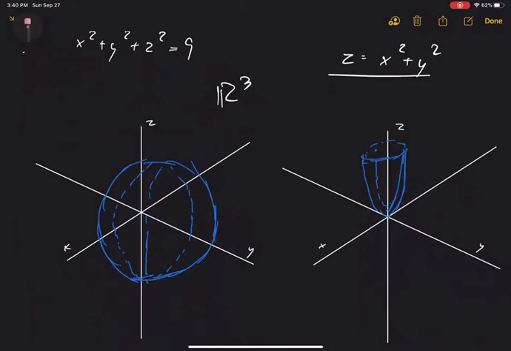Now my vertical line test. Let's just draw a vertical line, and imagine it going straight down parallel to the z-axis. Maybe I have some vertical lines out here that don't touch my surface at all, and then I come over here to this vertical line.